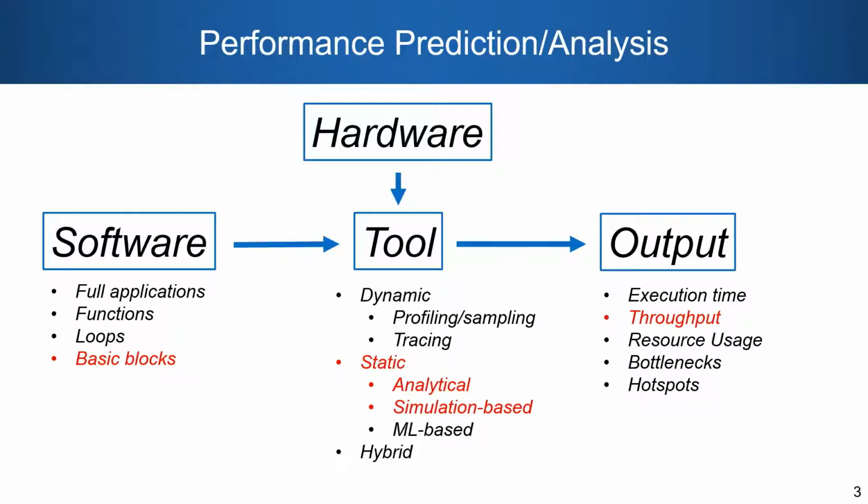And in this talk, we are going to look at two static approaches, an analytical and a simulation-based approach for predicting the throughput of basic blocks on Intel Core microarchitectures. In addition to the throughput, our tool can also produce some other outputs that we will mention briefly at the end of the talk, but the focus of the main part of the talk will be throughput predictions.